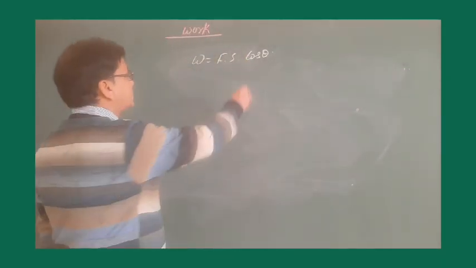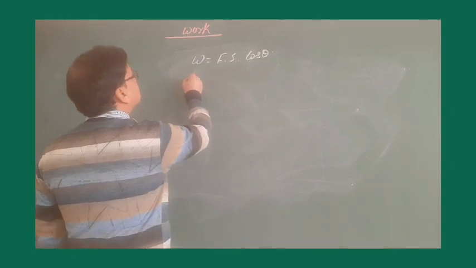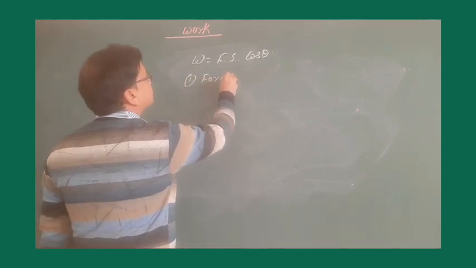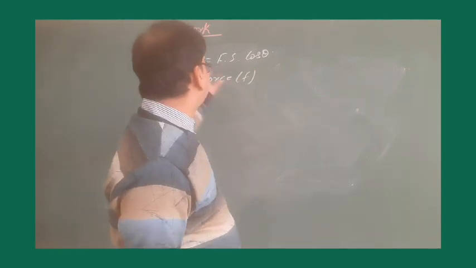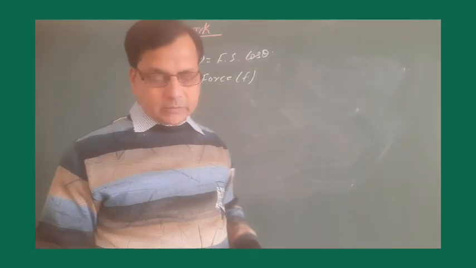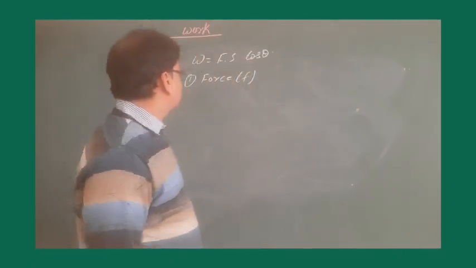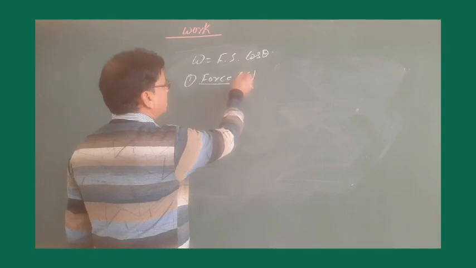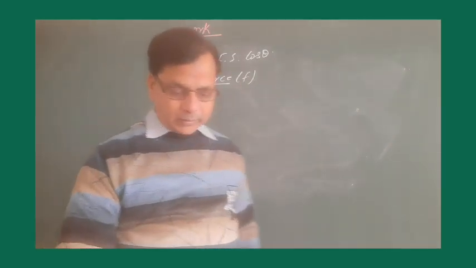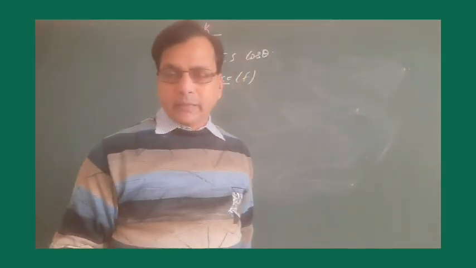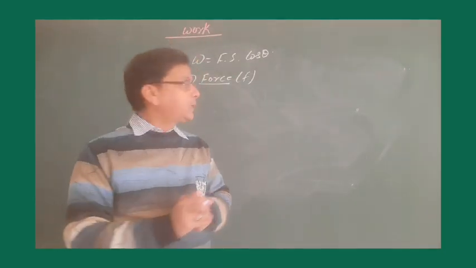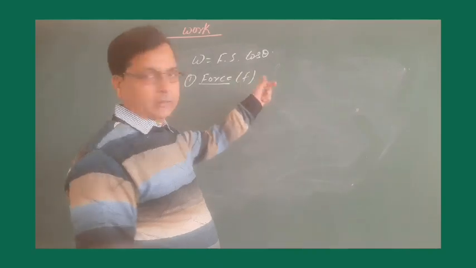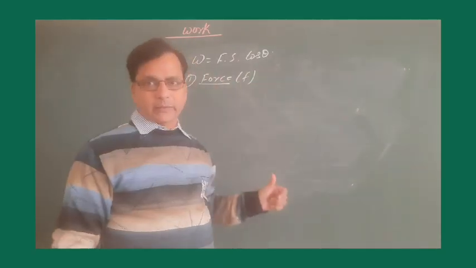First is the force. There are three cases of factors affecting the work done. First is the magnitude of the force. The magnitude of the force is directly proportional to the work done. So if the force is greater, then work done is also greater.